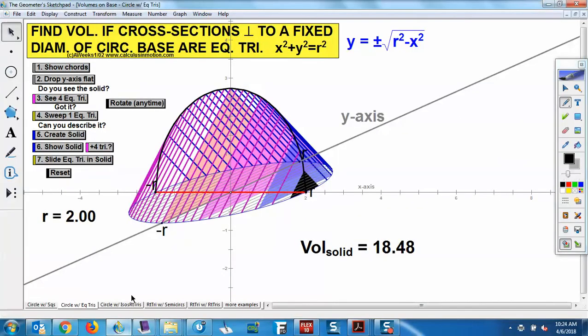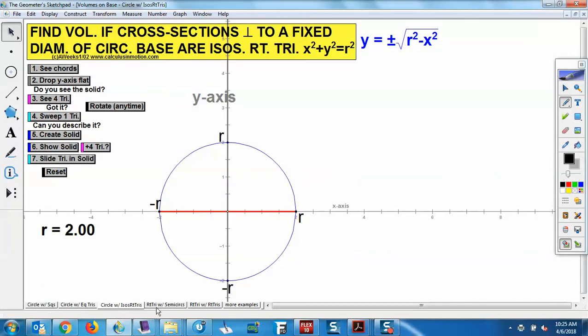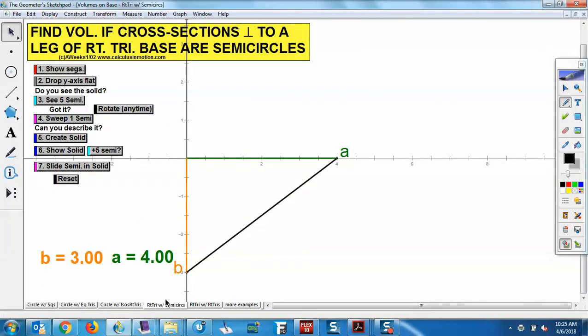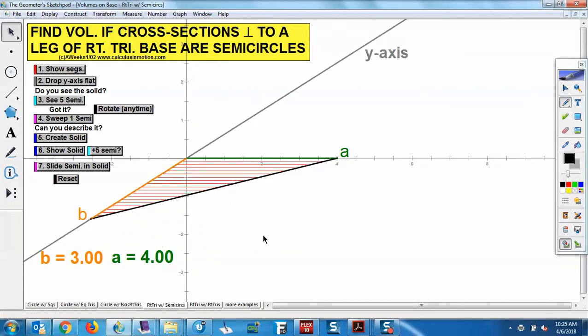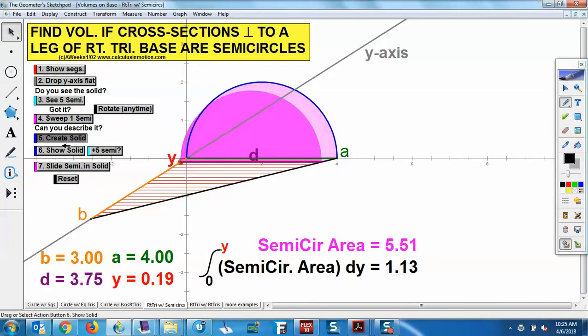Okay, the last one. Here's a different region I've made up here. And this time we'll do horizontal strips, horizontal slices, just as an example. And this time our slices are going to be semicircles. We're not revolving.